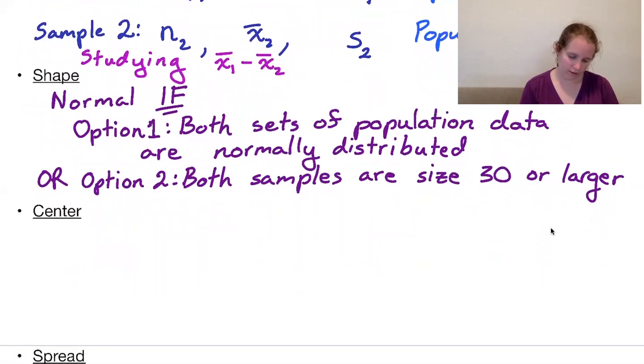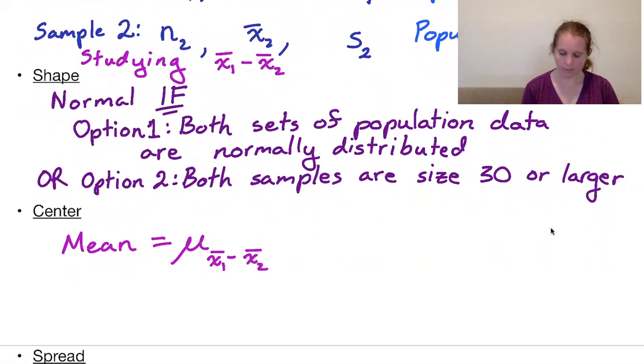the mean, or mu sub x1 bar minus x2 bar. So the mean of this difference of sample means distribution is simply equal to the population mean for population 1 minus the population mean for population 2.